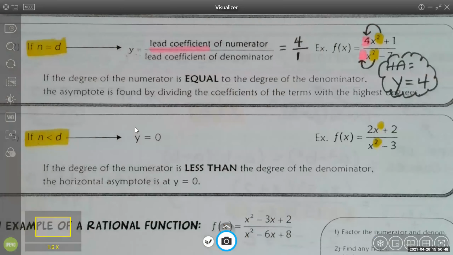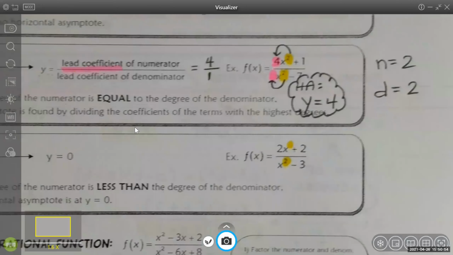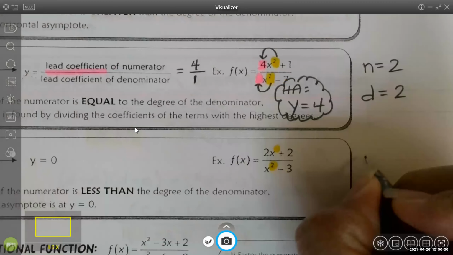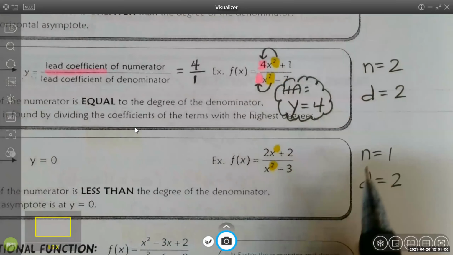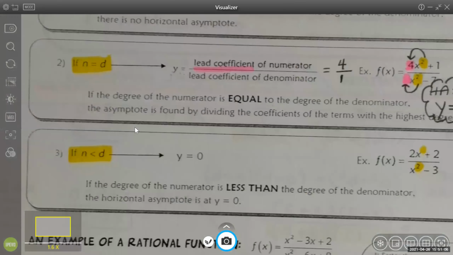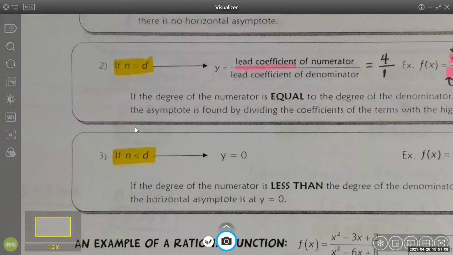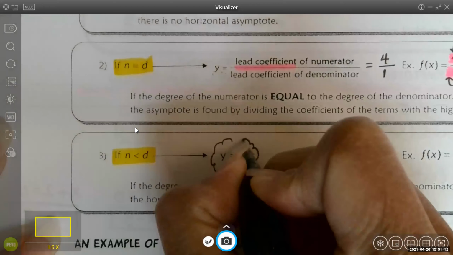So what did you write? You should have written n equals 1 and d equals 2. So the n is indeed less than d. When your numerator degree is less than the denominator degree, there is no work to be done. You just have to tell me that your horizontal asymptote is equal to 0, and you're done.